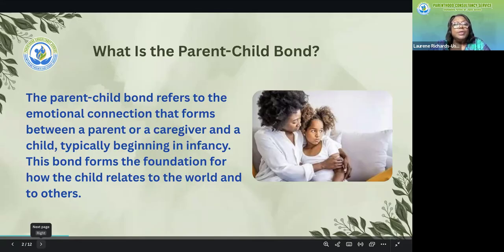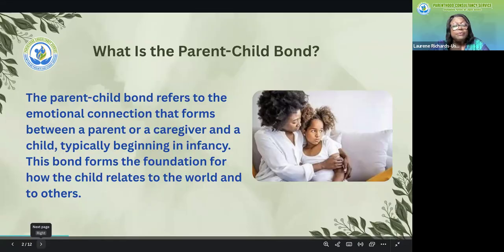Now, the word bond is also referred to as attachment. Attachment is the most studied aspect of the word bond because it begins forming during pregnancy and continues through early caregiving experiences.